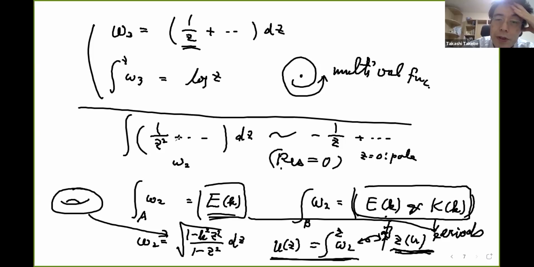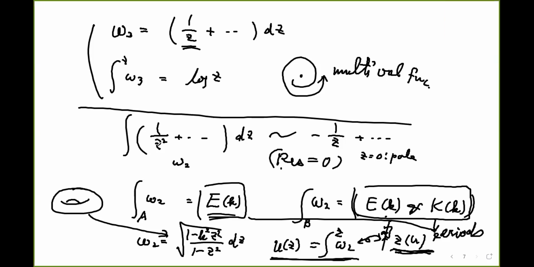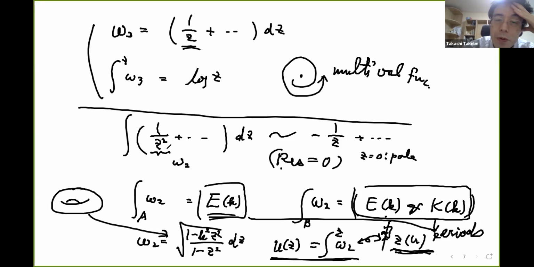Sorry. Yeah. I see. The inverse function does not exist for the elliptic integral of the second kind. Well, I cannot rule out the existence for such cases, I mean, second order pole, the case n equals 2.